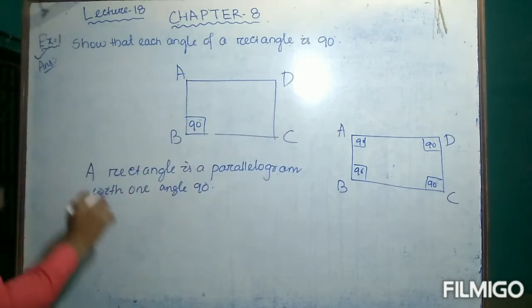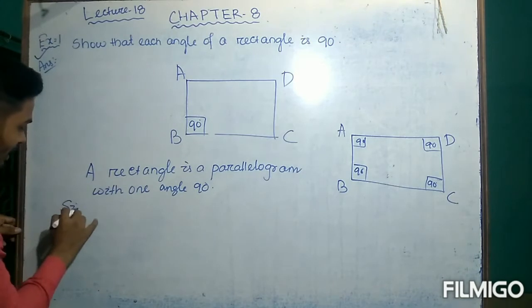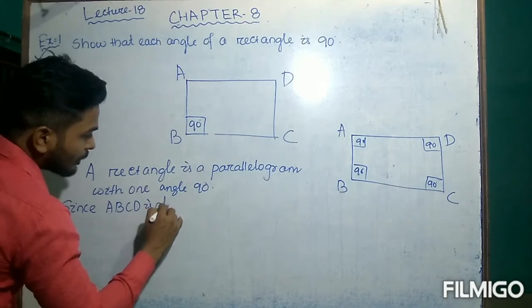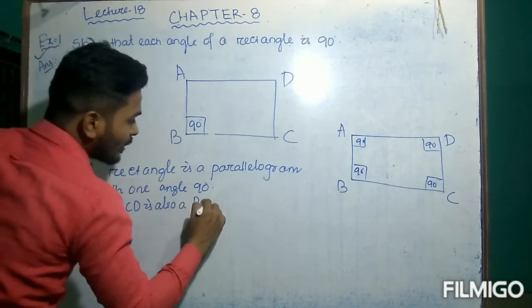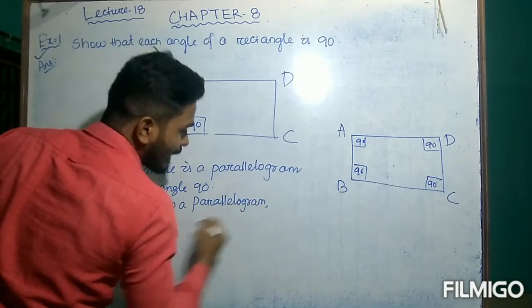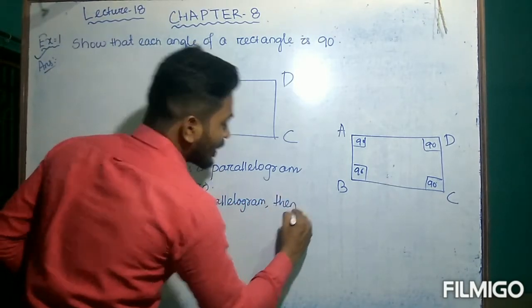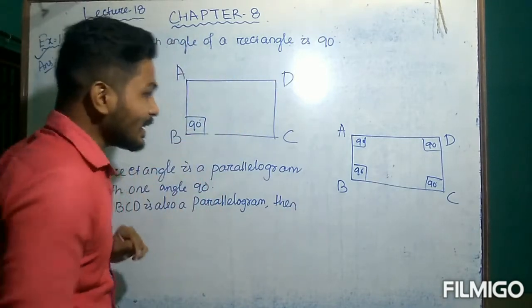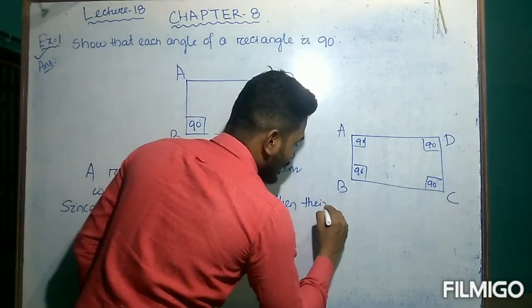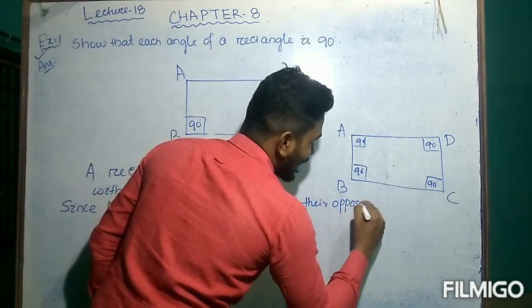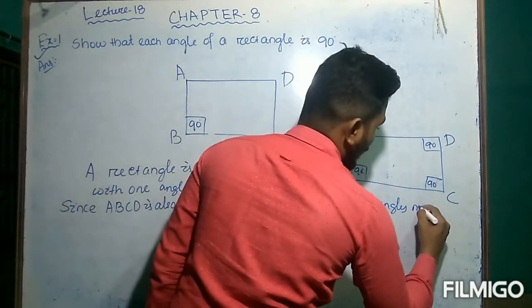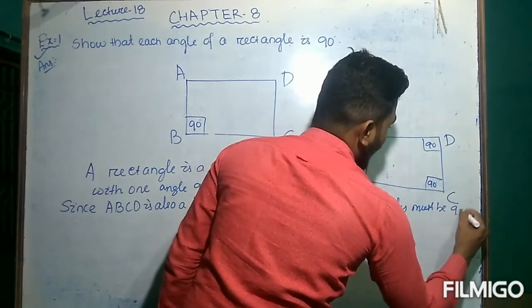Yes or no? Yes. So you can write, since ABCD is also a parallelogram, the opposite angles must be equal, so they must be 90 degree.